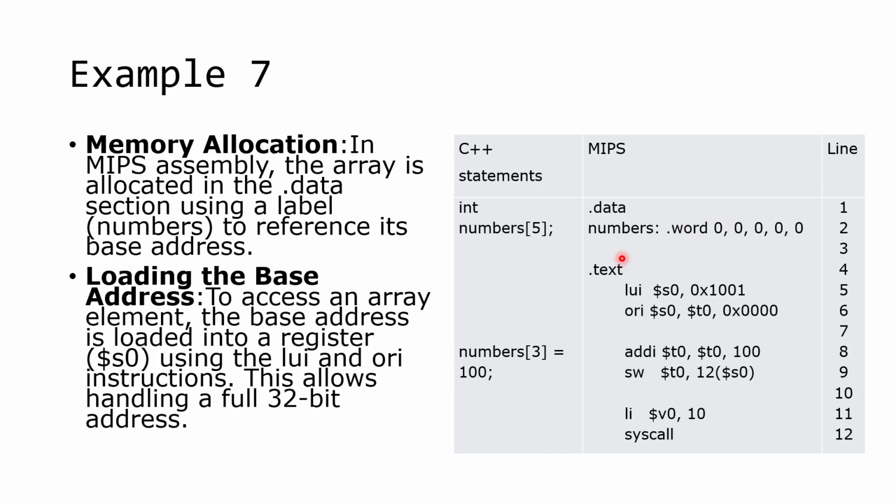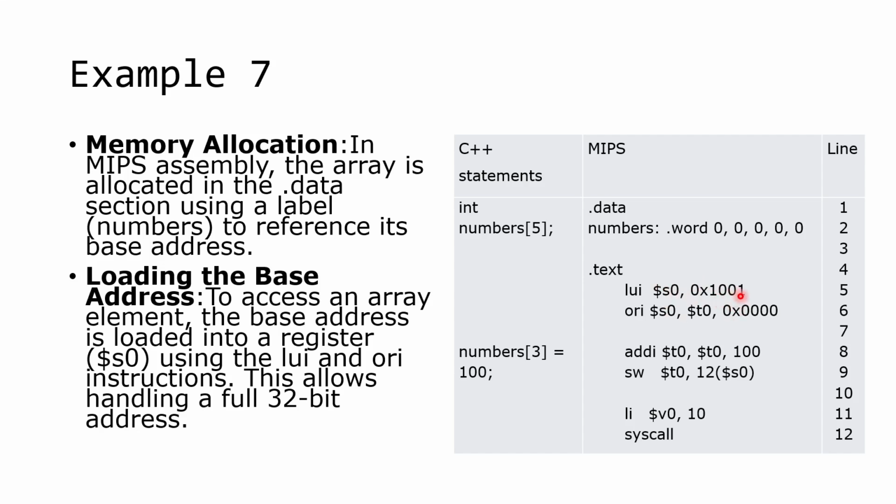To access an array element, first you need to load the base address into a register. That register becomes the base register, used solely to store the base address.